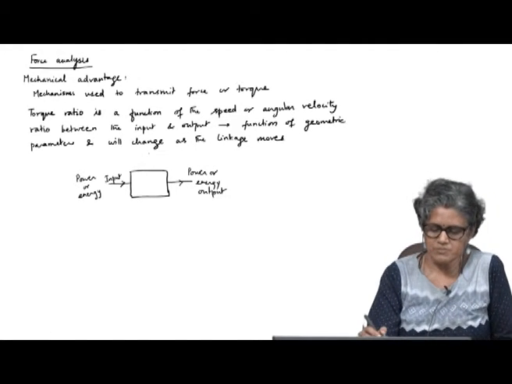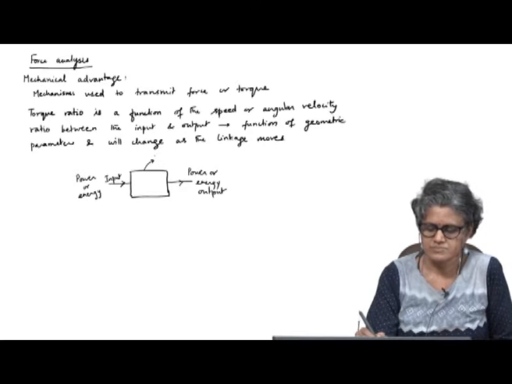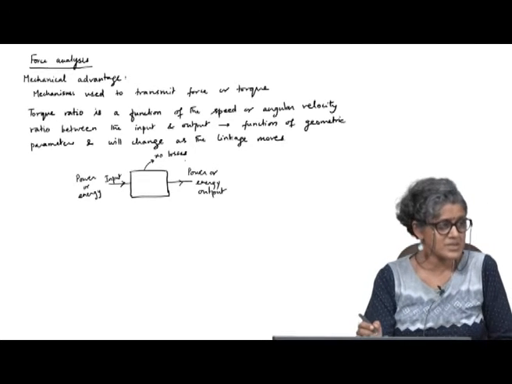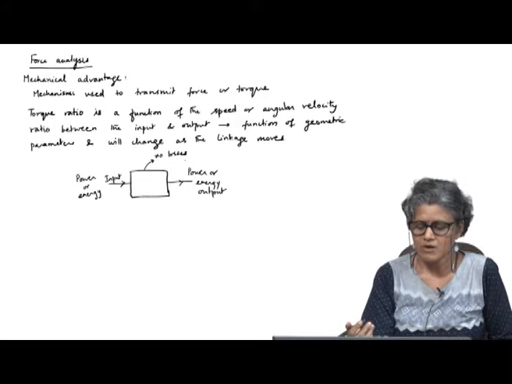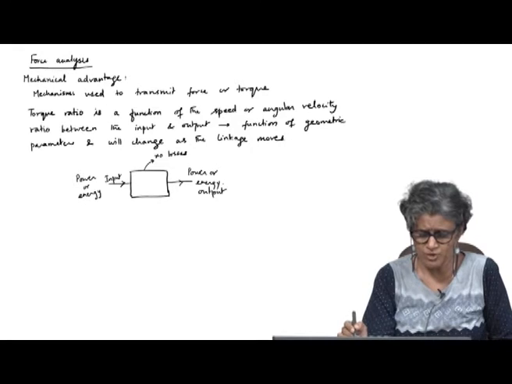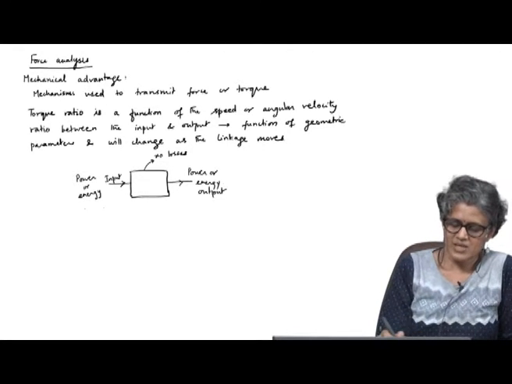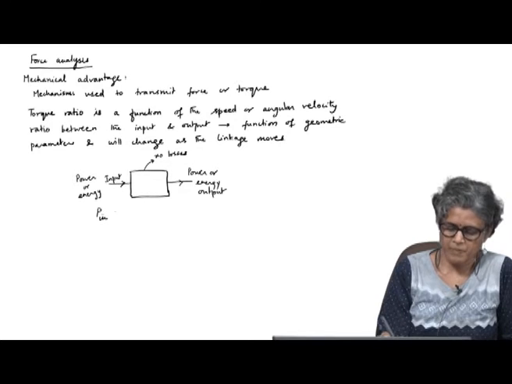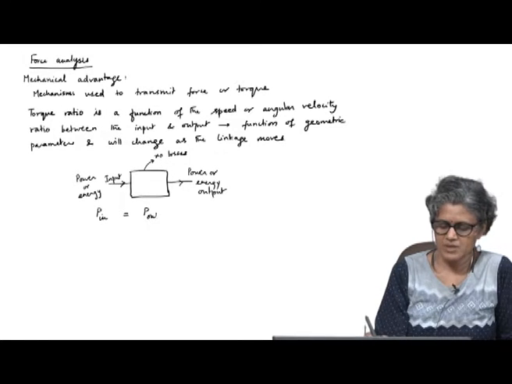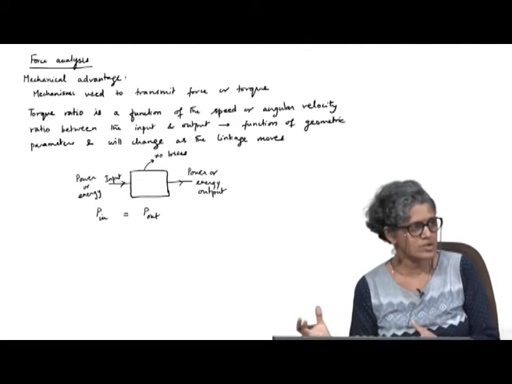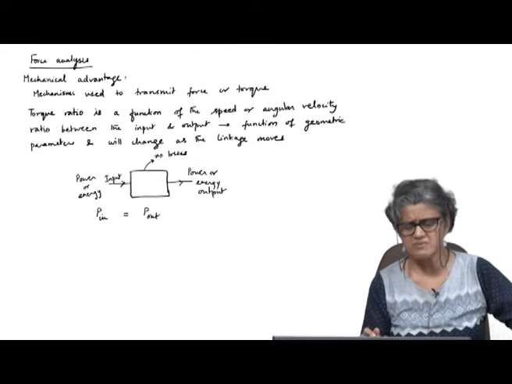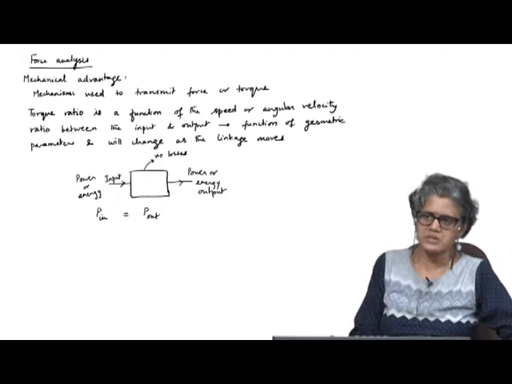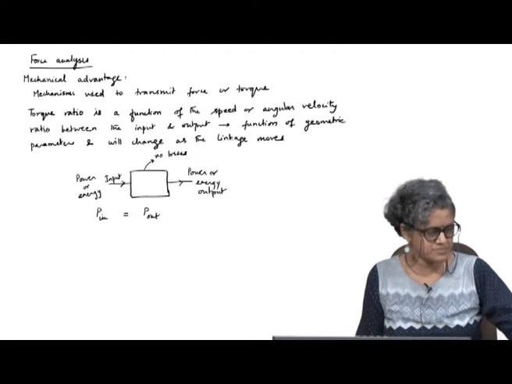If you assume there are no losses (in real life typically there will be losses due to, say, friction or inertial effects), then the input power is equal to the output power. Whatever you put in, you are able to get out. When you say no losses, we assume they are negligible compared to the power that you are transmitting.